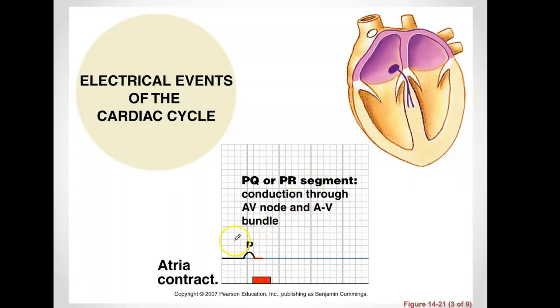So this would be electrical, and then this would be, I'm going to put an M here for mechanical. What's happening mechanically is that, look at the timing here, my atria would contract after that electrical activity had been delivered. Okay, so on this graph we're plotting both of those.